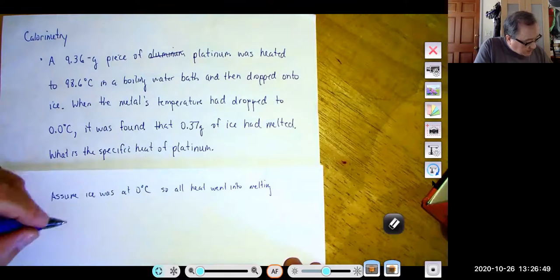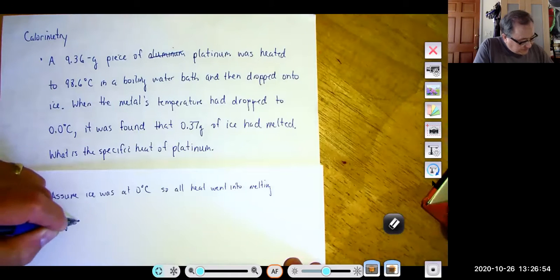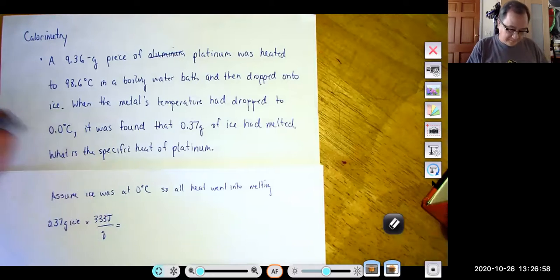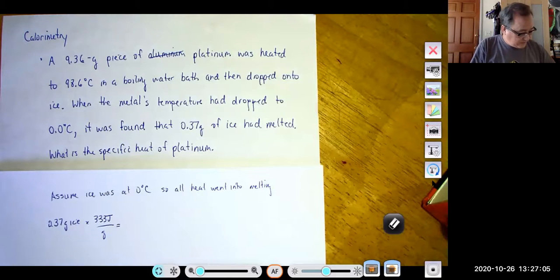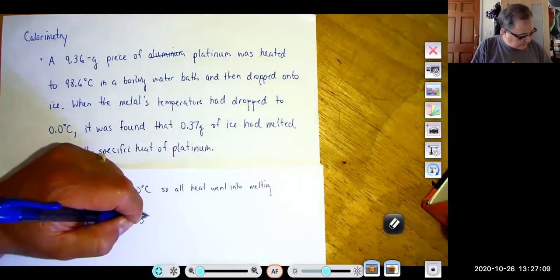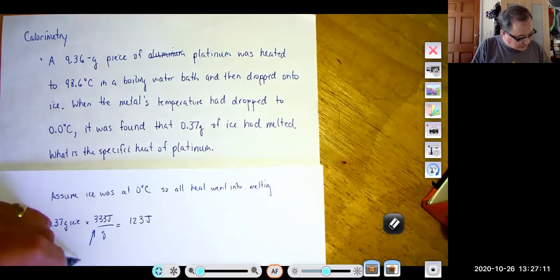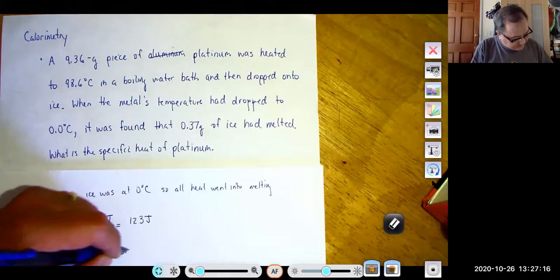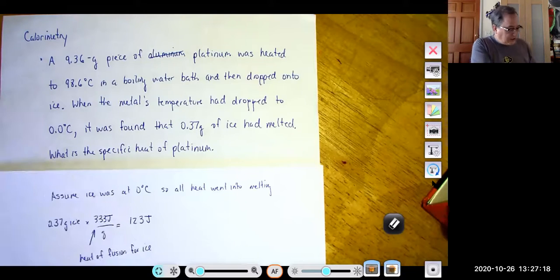So that means we're talking about 0.37 grams of ice times 333 joules per gram. This is the heat of fusion for ice. So that's how much energy melted the ice.